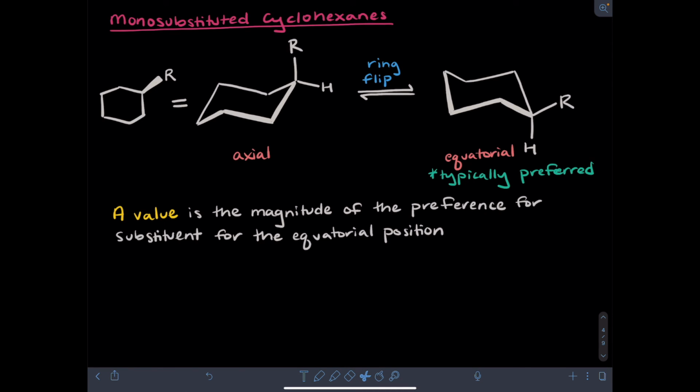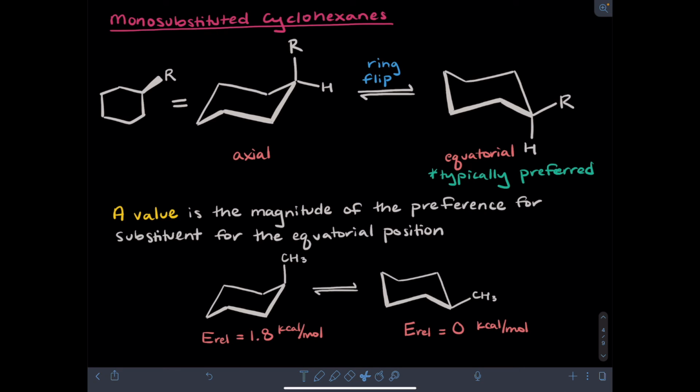We can quantify the preference for a substituent occupying the equatorial position with what's known as an A value. For example, let's consider methylcyclohexane and the equilibrium between the chair conformations with the methyl group axial versus equatorial.